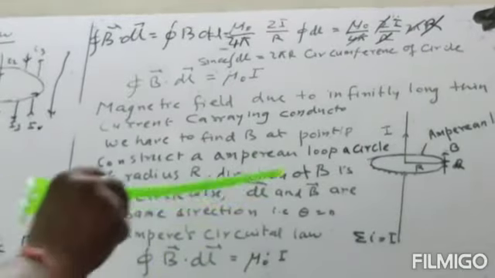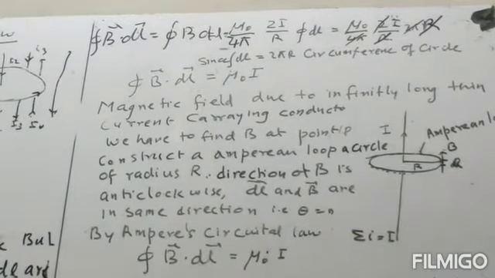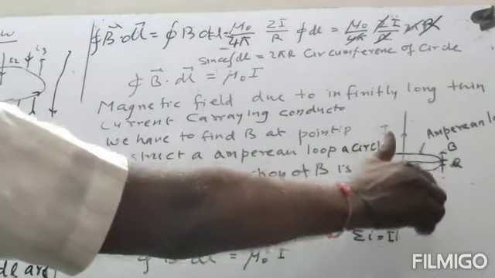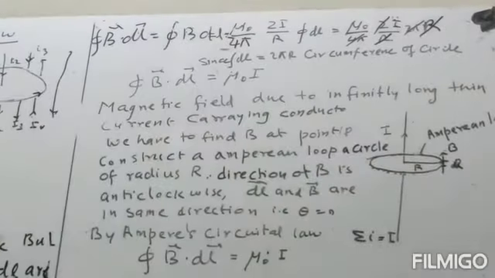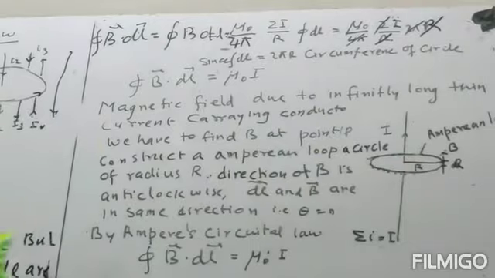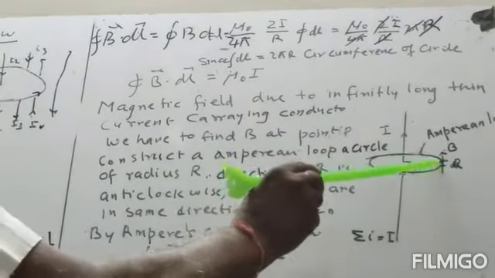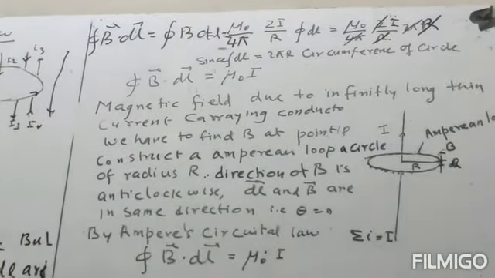Now according to the right hand thumb rule, the current is upward, so the direction of the magnetic field will be counterclockwise. The magnitude of the magnetic field will be the same at this point, or any point on the Ampere loop.